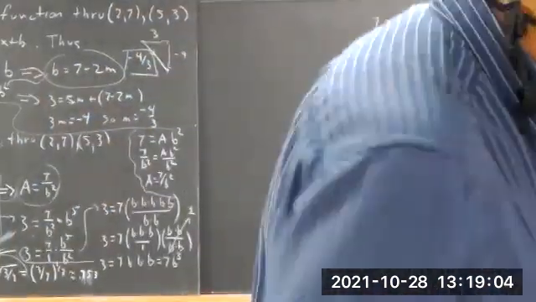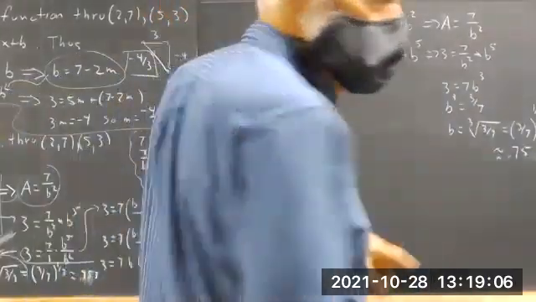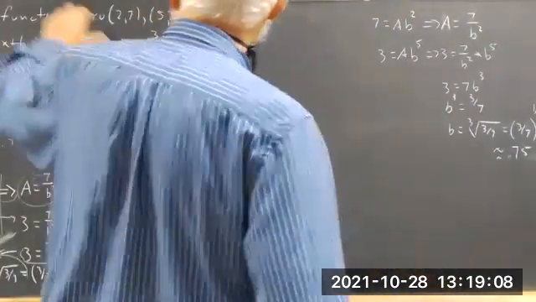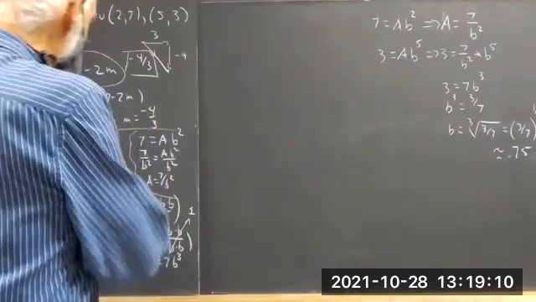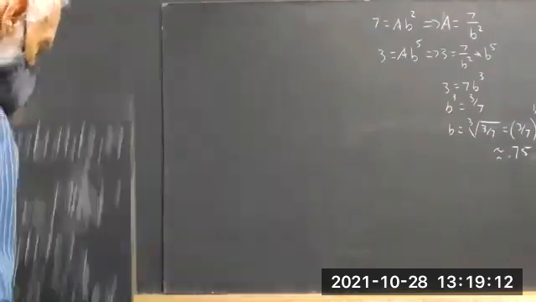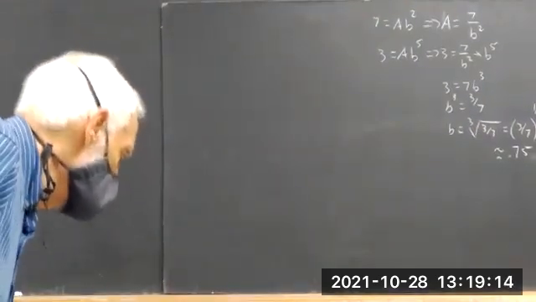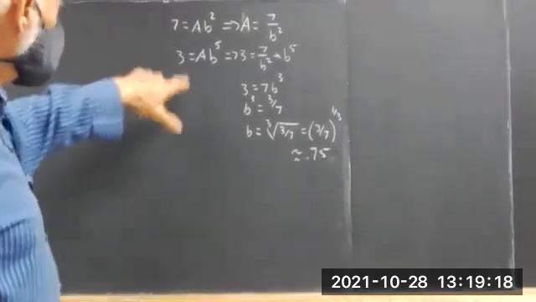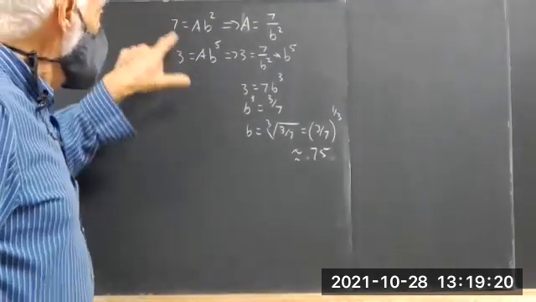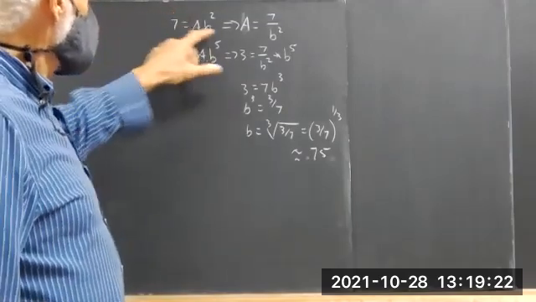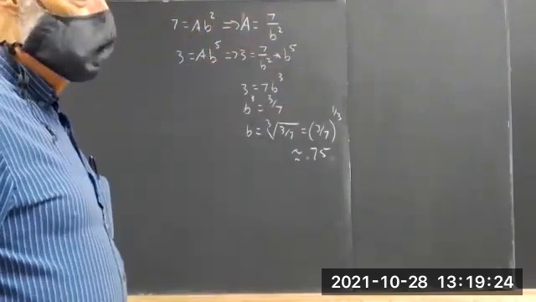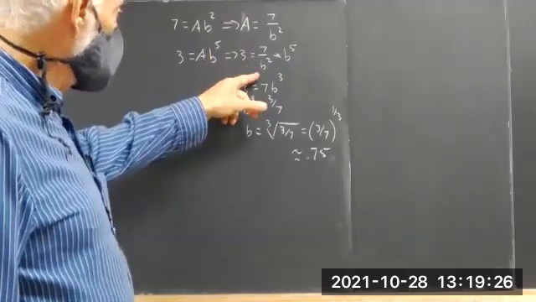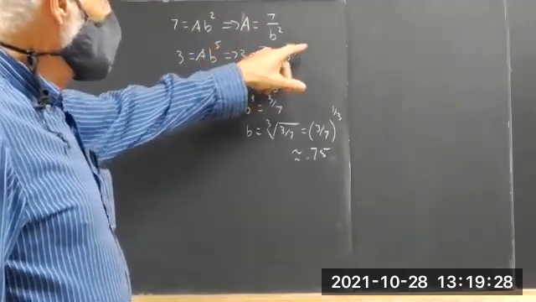Okay. Summarizing the steps that we've been through, because it's scattered all over this board. Again, I didn't anticipate we'd have to do quite as much with the elementary algebra. Anyhow, you got the two equations. First equation gives you A equals 7 over B squared. You plug that into the second equation. You get 7 over B squared times B to the fifth.